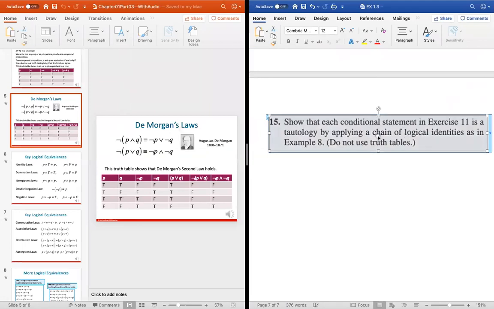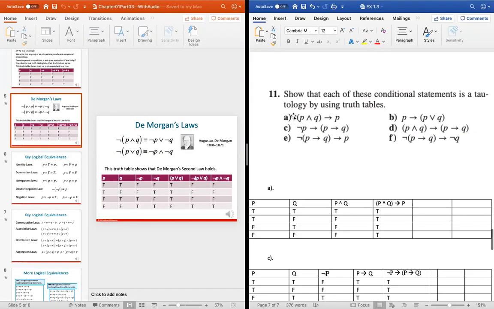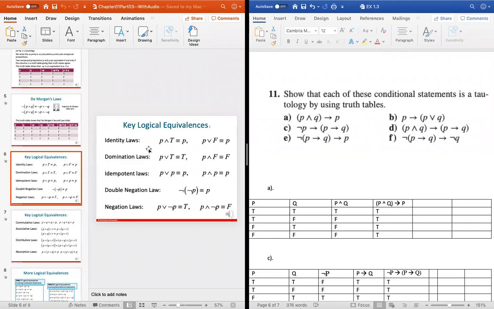So let's take exercise 11, this first part A, and prove that this is a tautology, not using the truth table, but by using these logical equivalences.